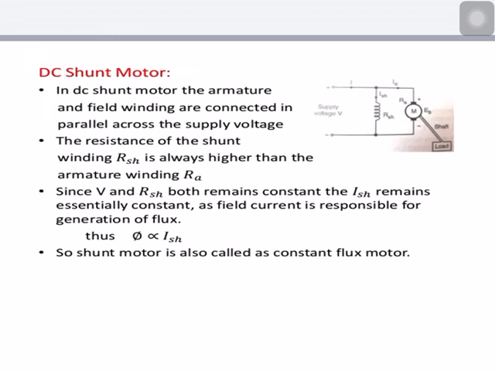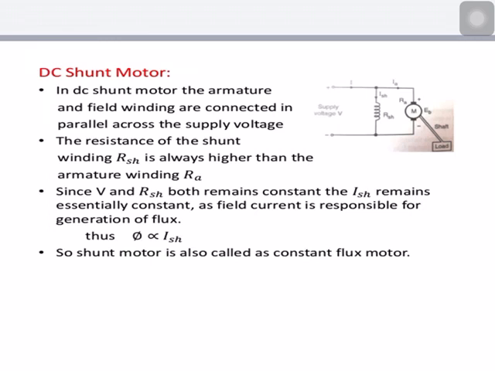The speed of the rotor depends on the back EMF and flux produced inside the motor, and the relation between the torque and speed gives the characteristic curve between them. Sometimes the classification is also made based on the arrangement of winding.